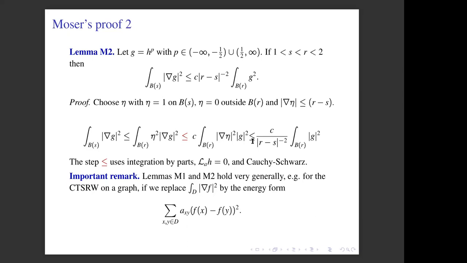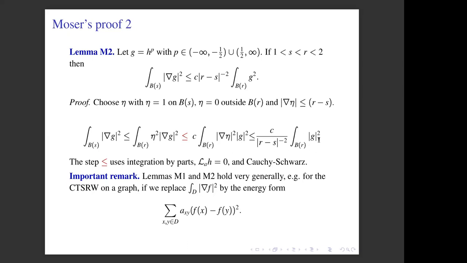And so we get a relation here where we're looking at the integral over the bigger ball. And we know that the gradient of eta is bounded by 1 over r minus s. And so we get c over r minus s to the power minus, that should be plus 2 there, not minus 2, sorry, and then the integral over BR of g squared.